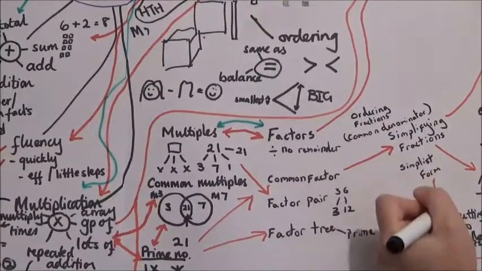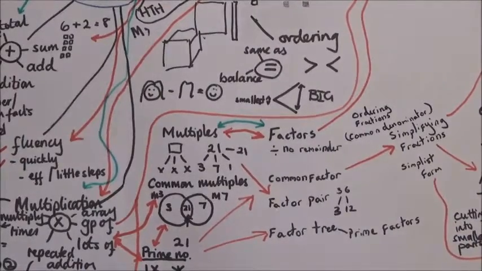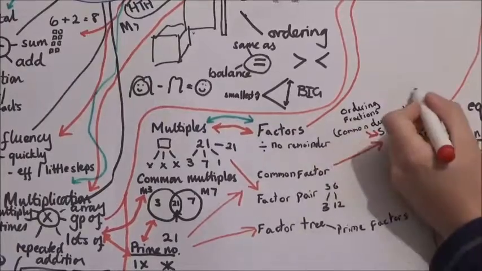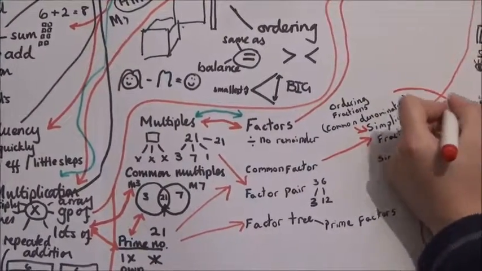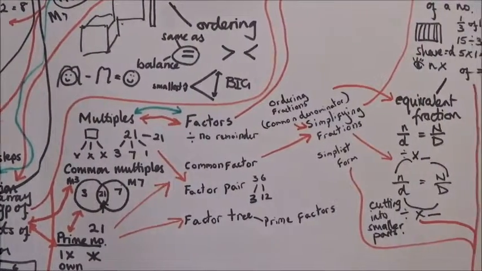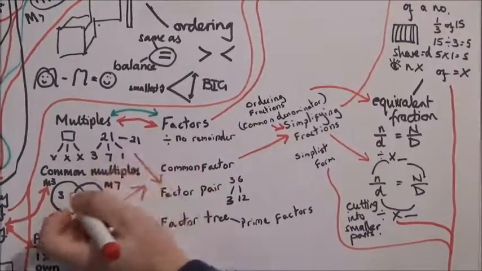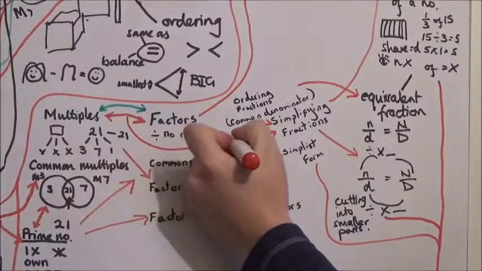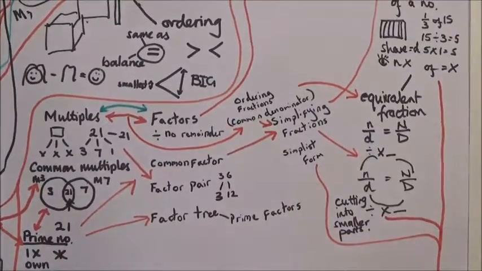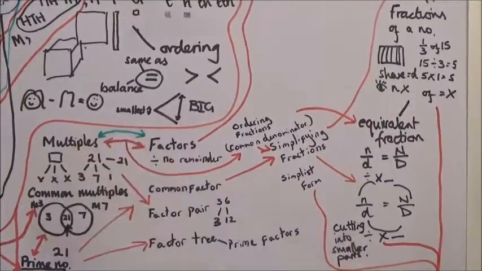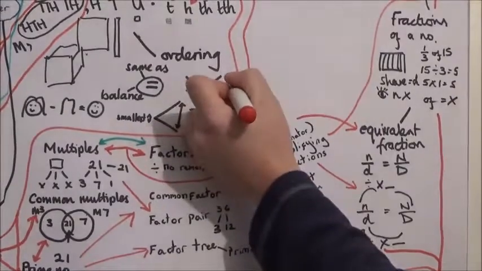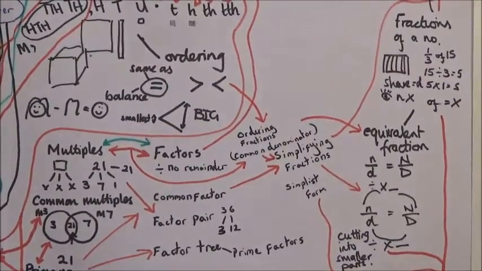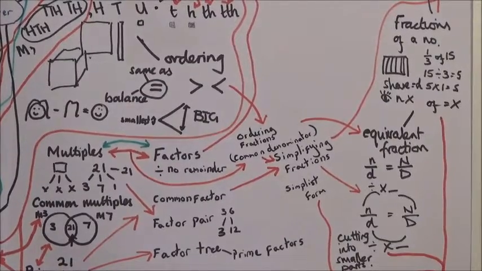Put that in brackets just so we know, and we know that we need to simplify the fractions sometimes, or we need to find equivalent fractions for these using our common denominator. We can use that by helping with our multiples, so let's bring one from here. And when we're writing them out, we could order them using our ordering symbols, greater than, less than, or equal to, if we need to.